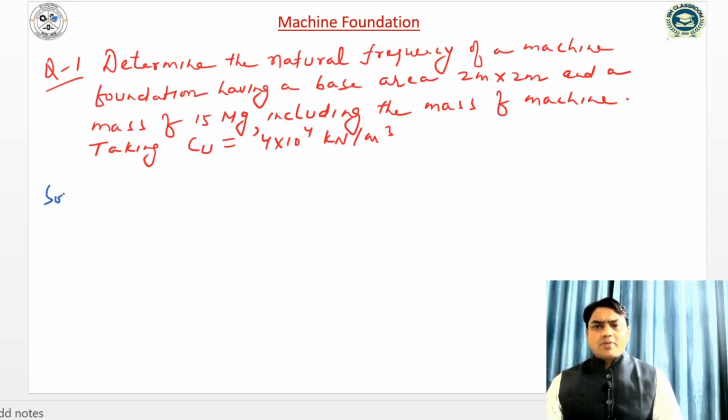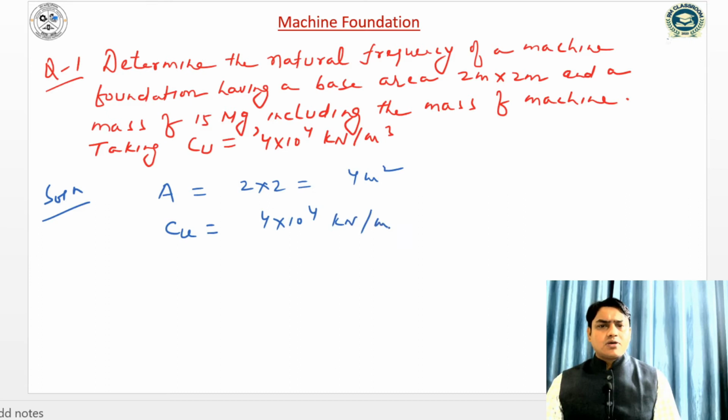The first problem I have taken is to determine the natural frequency of a machine foundation having a base area, so base area is given 2 meter by 2 meter, means 2 by 2, it is 4 meter square, and a mass of 15 Mg including the mass of machine, taking coefficient of elastic uniform compression as 4 into 10 to the power 4 kilonewton per meter cube.